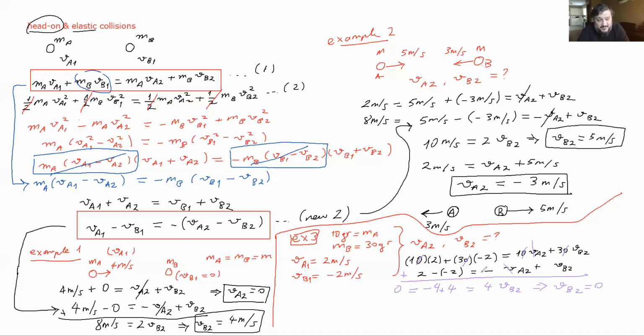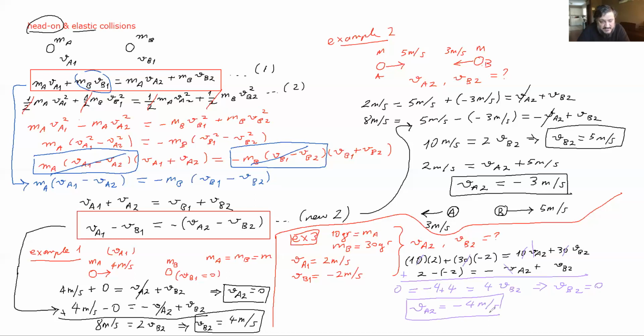Now take that 0 and plug it in either this or that. So this will give you VA2. Okay, if VB2 is 0, negative VA2 is 4. Therefore, VA2 is -4 meters per second.